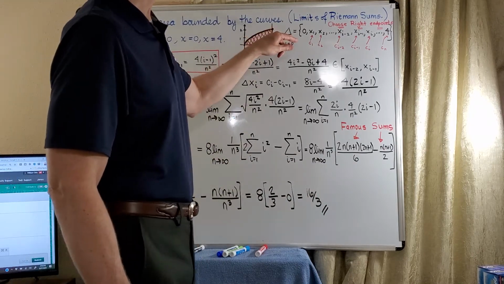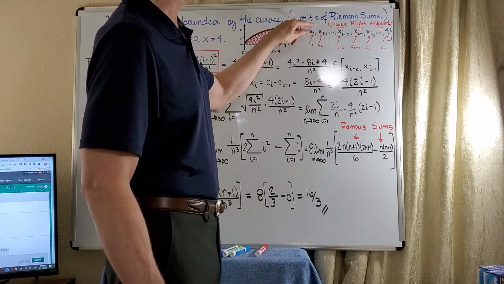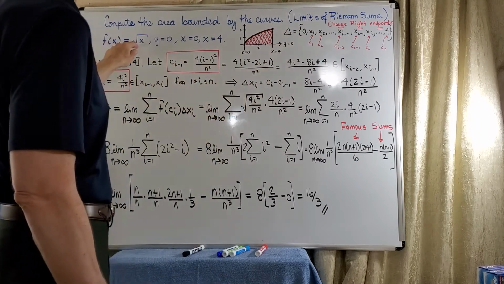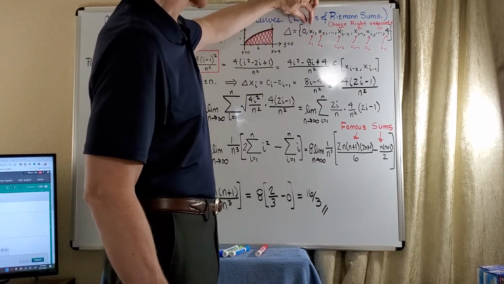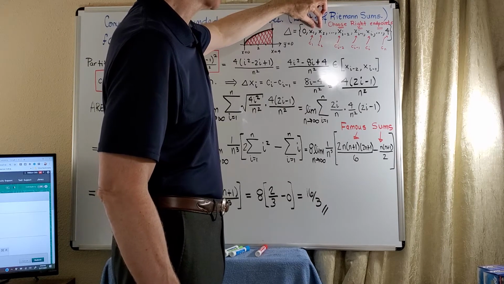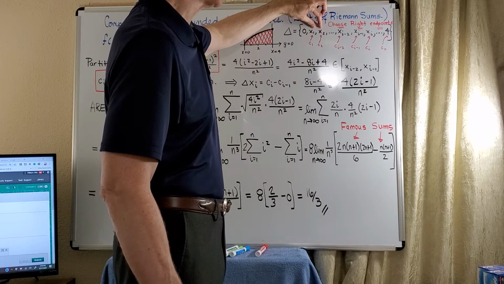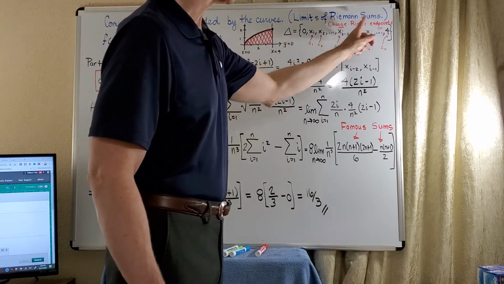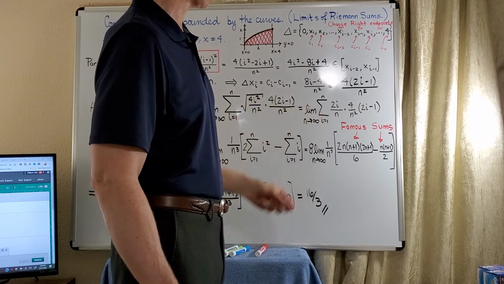But the way we've set this up, if we're going to use a Riemann sum, we will have to evaluate the function f in each of these subintervals. The first subinterval here from 0 to x sub 1, the second subinterval from x sub 1 to x sub 2, etc. And so in order to make that really simple, we're going to choose right endpoints for our evaluation point.